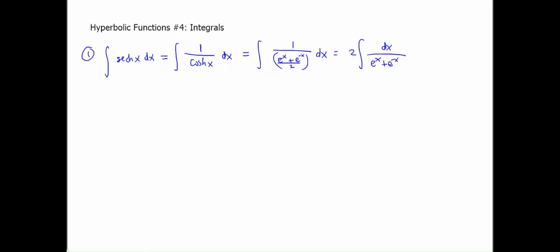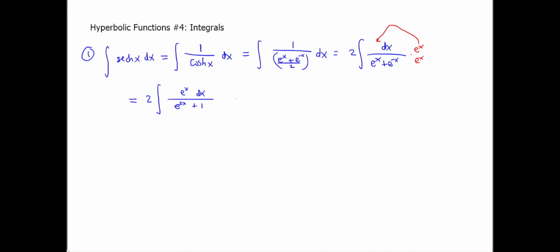Now what I'm going to do is multiply through top and bottom here by e to the x, and of course they'll be going inside the integral. So what we're going to have here is a 2 on the outside of the integral, e to the x dx, and then in the denominator we're going to have e to the 2x plus 1.